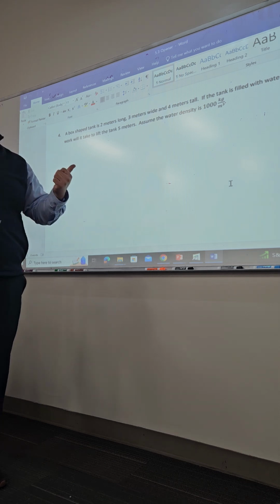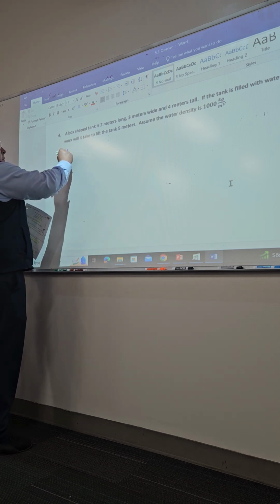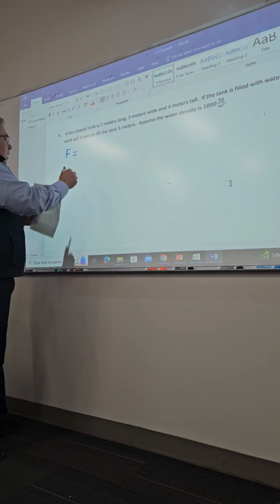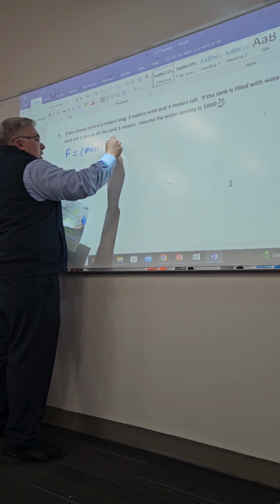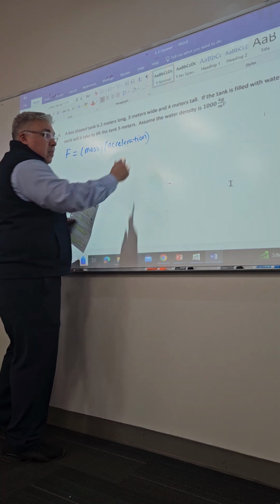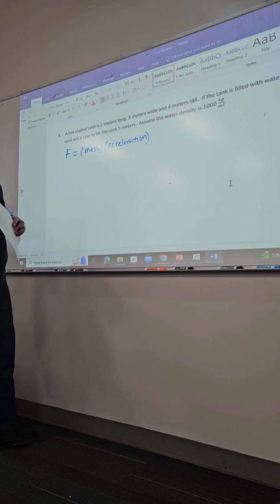Because you don't have any force given. So you're going to have to find force differently. And the way you find force, because remember, it's just mass, kilograms, you got to do mass times acceleration again. But here's the thing.